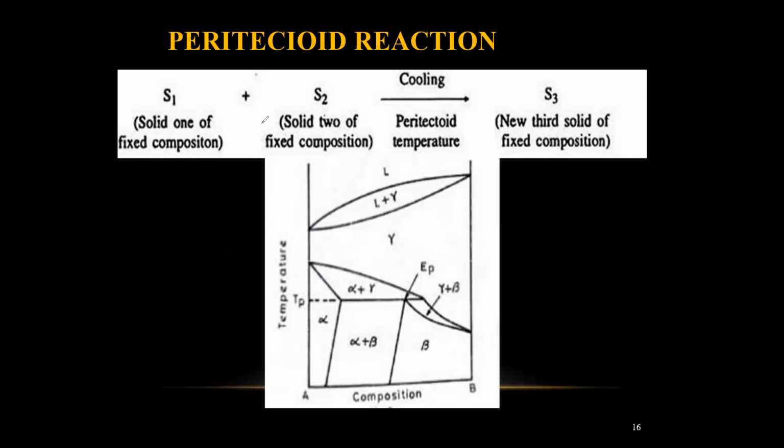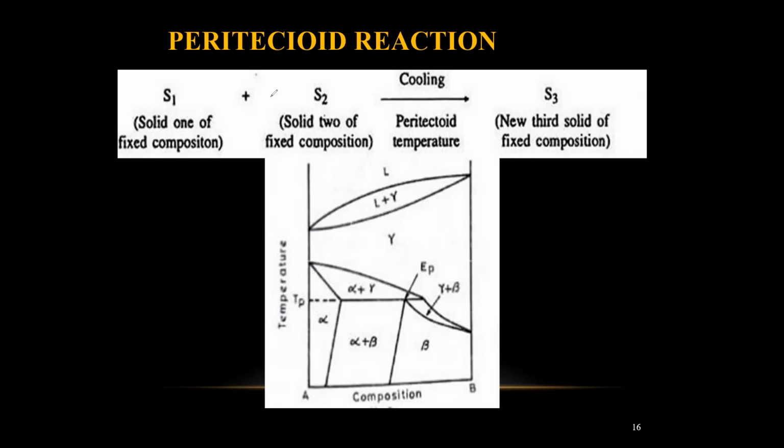In eutectoid reaction, upon cooling, one solid phase is transformed into two solid phases. In peritectic reaction, a liquid and solid phase together form a second solid phase. Whereas in peritectoid reaction, two solid phases together form a third solid phase. This is peritectoid reaction.